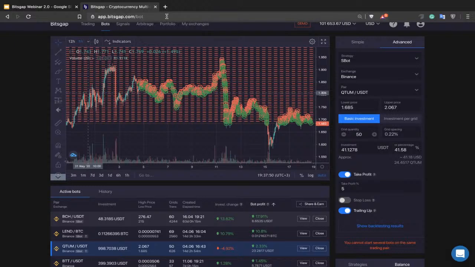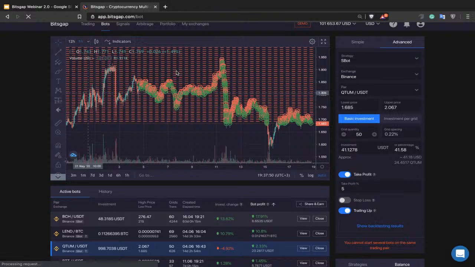Okay, for some reason my screen is not responding, so I need to refresh the page. As it refreshes the page, tell me, by the way, how many of you are already using Bitsgap automated trading bots with trading up functions on.